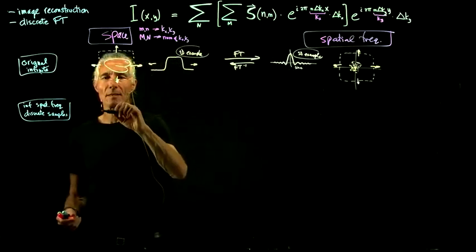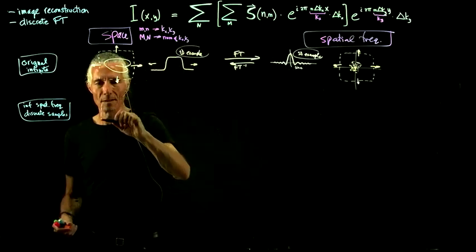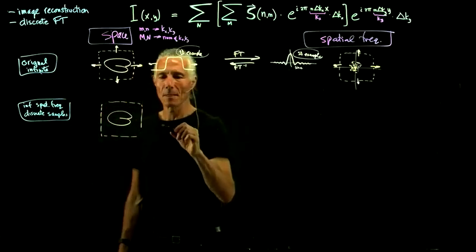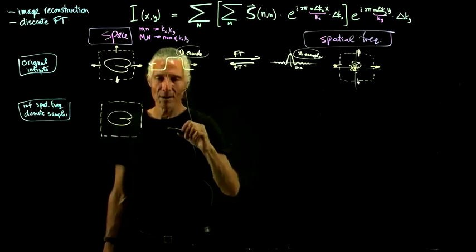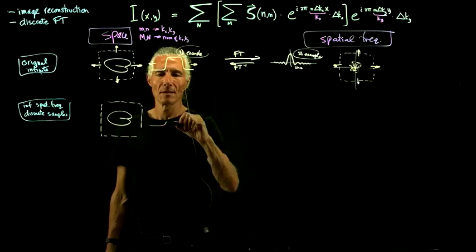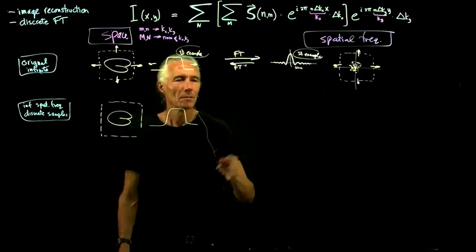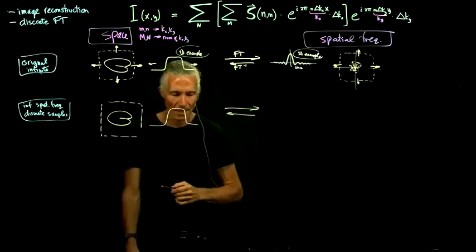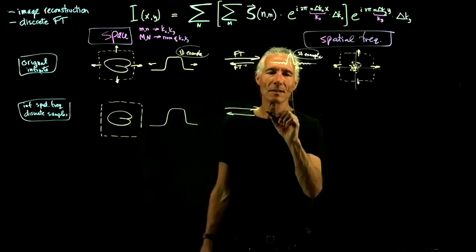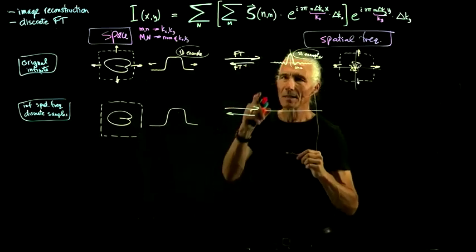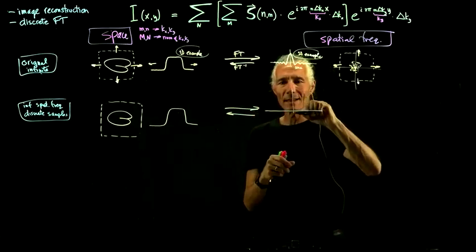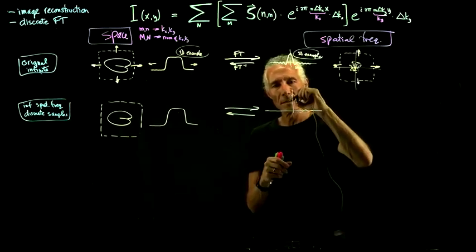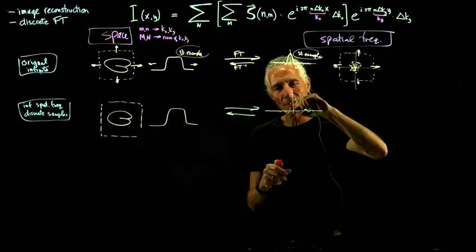Let me put this down a little bit lower. So here's our brain. And our brain looks the same way over here in 2D. But instead of getting a continuous sinc on this end, what we get is a sampled sinc. So here's the sinc envelope, if it was continuous, and all we've done is we've sampled it.